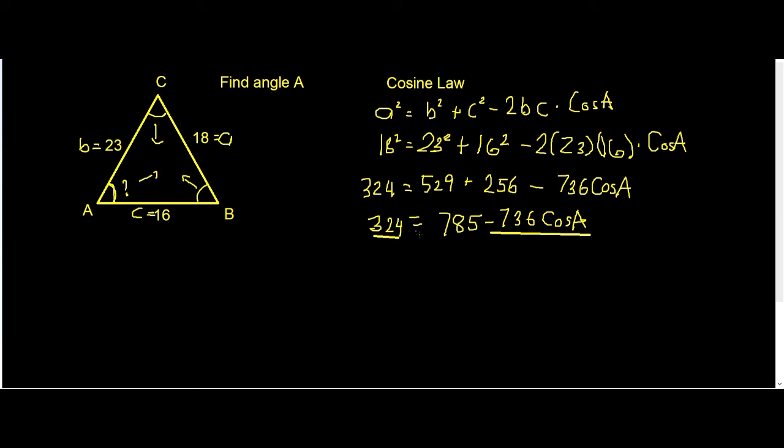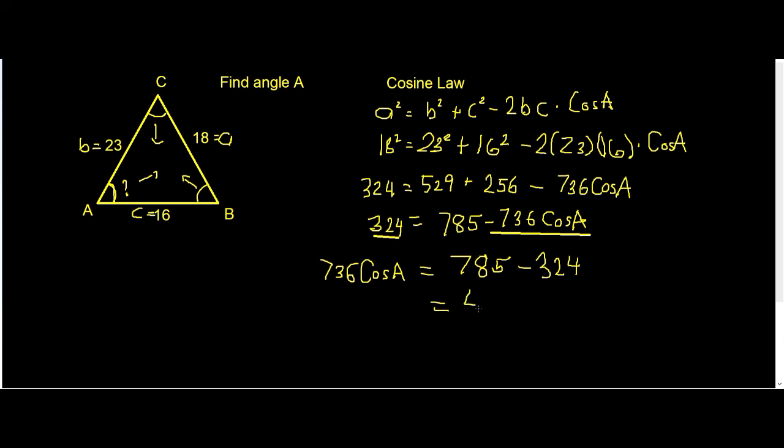So, you will be having 736 cosine A is equal now to 785. Transposing 324 to the other side, you have negative 324. You have 785 minus 324.